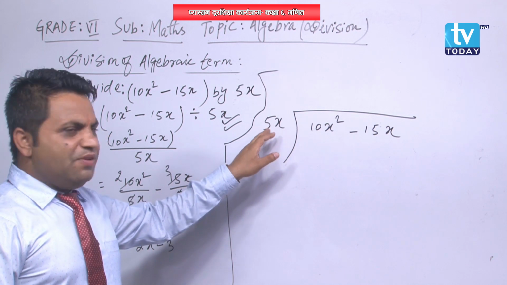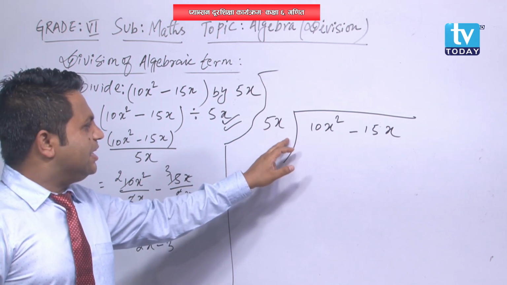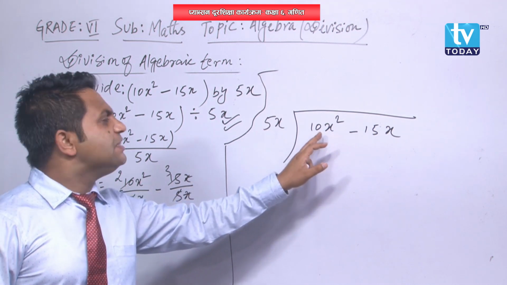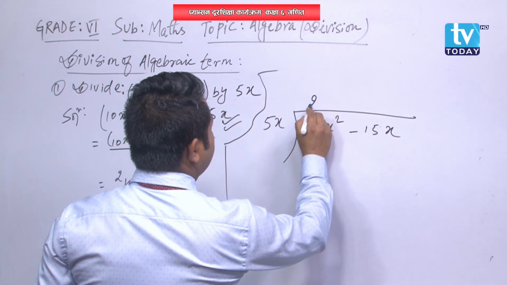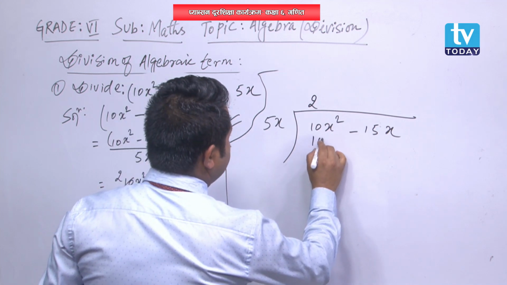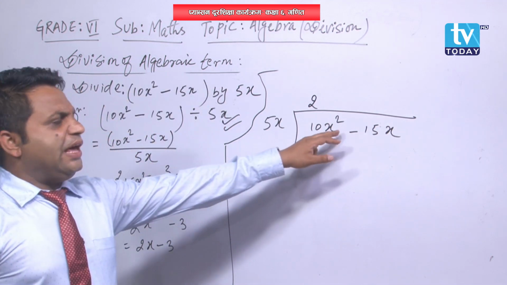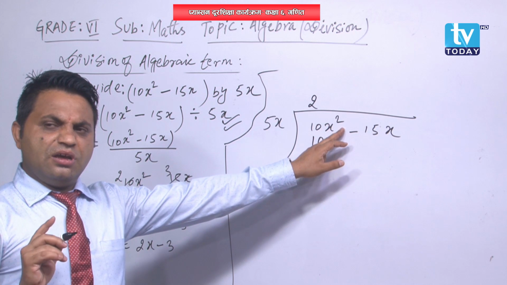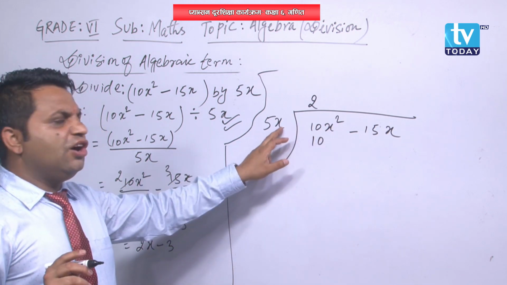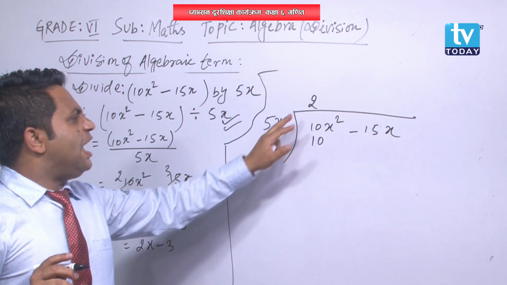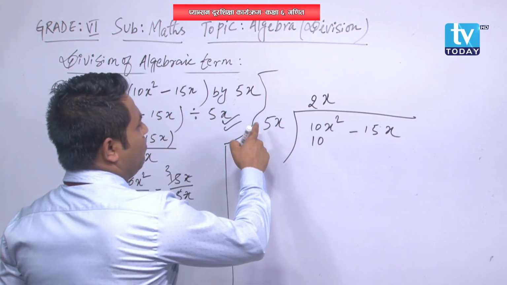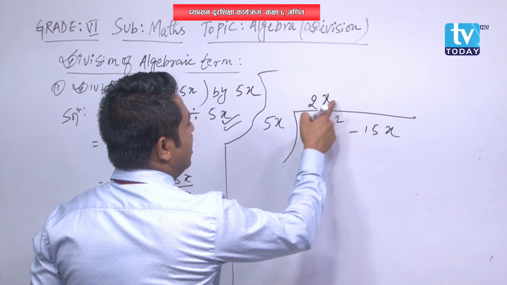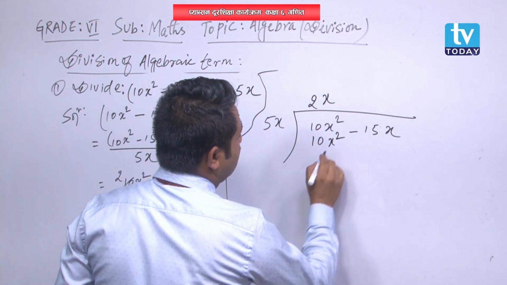Coefficient of x is 5, coefficient of x square is 10. So 5 to the 10, so 10. Now x square means x into x, so there is only one x. So to make x square you have to write here x. So 5 to the 10, x into x, x square.